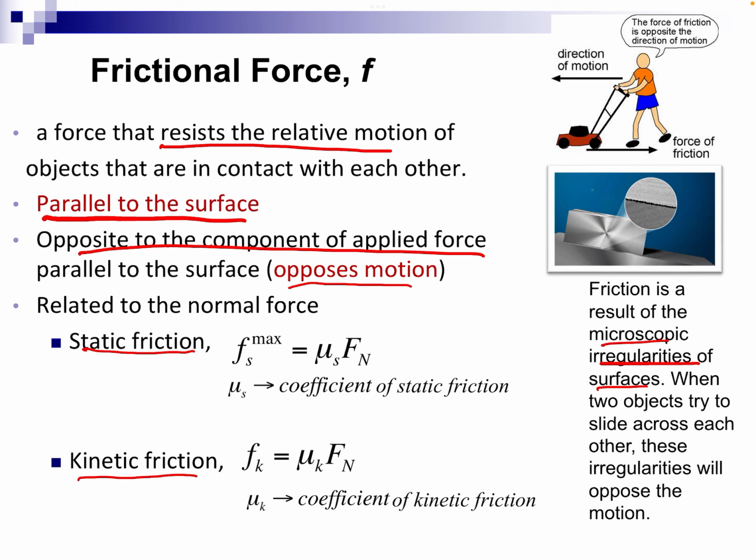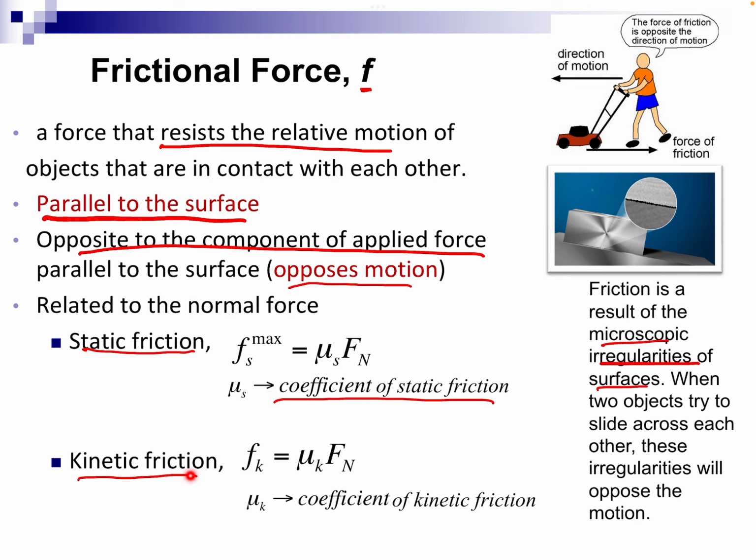You have here two equations that describe frictional forces. Frictional force, given by the symbol small f, is related to the normal force that we've seen earlier, Fn, as well as to some coefficient called the coefficient of friction. If the friction is static, then the coefficient is called the coefficient of static friction.